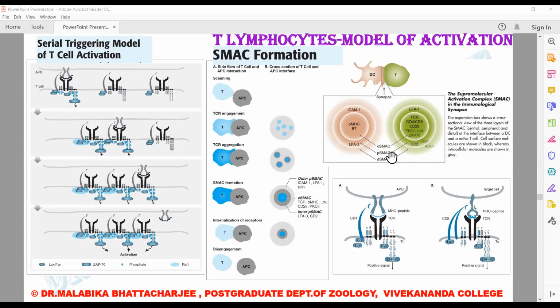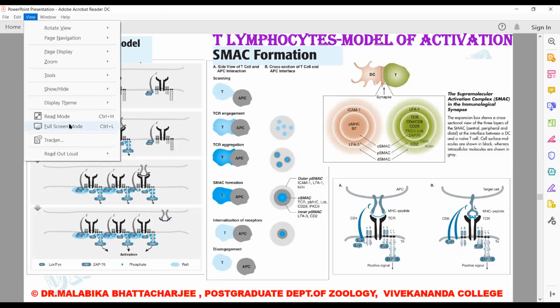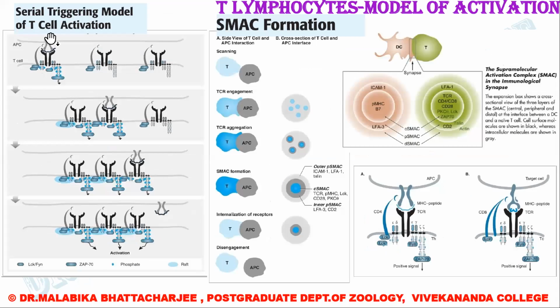So it is very evident that for all the 3 signals to be perceived by a T lymphocyte, the engagement of the receptors becomes very vital. This picture of the engagement of the receptors, as you can see, is known as the serial engagement model of T cell activation. So this is an antigen presenting cell, and this is a T cell receptor.